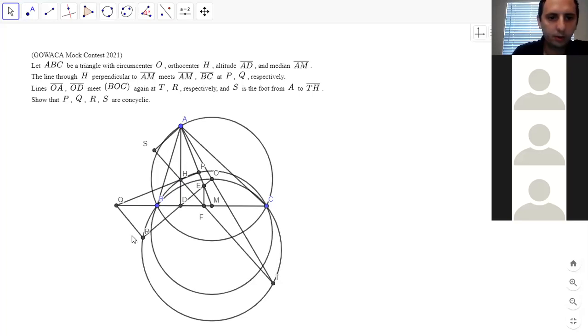Once we know that Q, R, F, E, and P are cyclic, I think it might not be that hard to show S lies on it. Yeah, that would be an easy angle chase because angle SPQ is angle SPH is angle SAH, which is the same as angle HFD. So yeah. All we have left is to show that EF is parallel to AB.